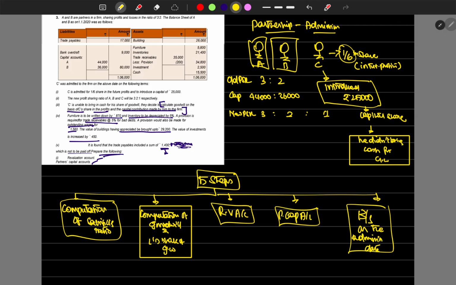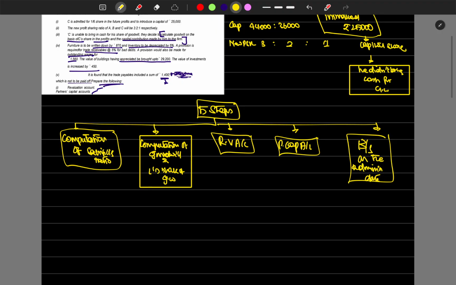So these are the 5 steps when we are preparing the accounts while a new partner is admitted. These are the default steps we have to follow. Based on the goodwill details given or not given, and revisions in capital, the steps might change, but the concept is this.